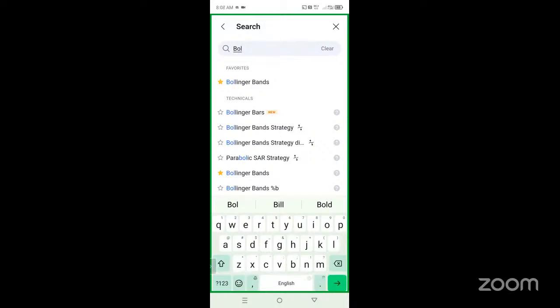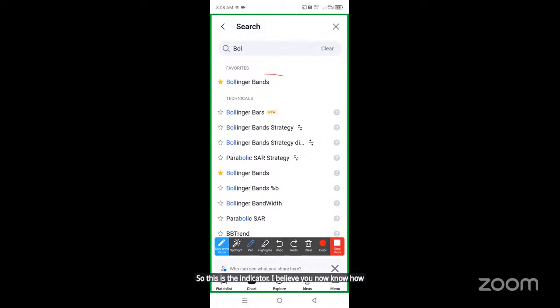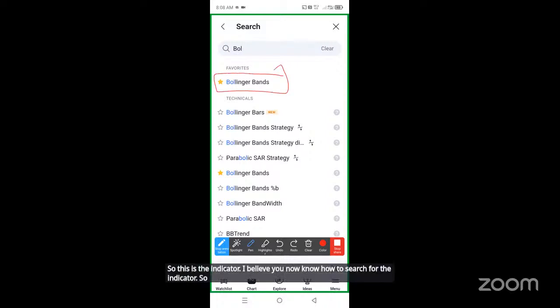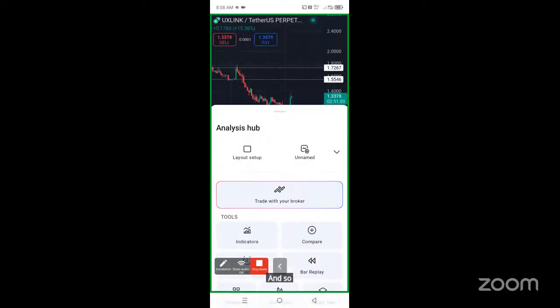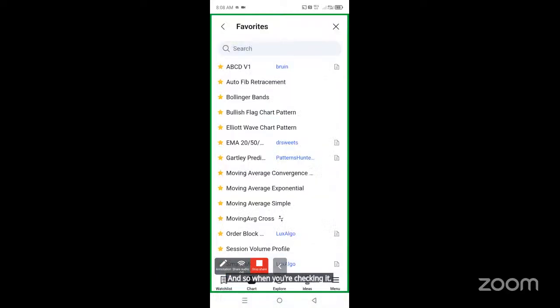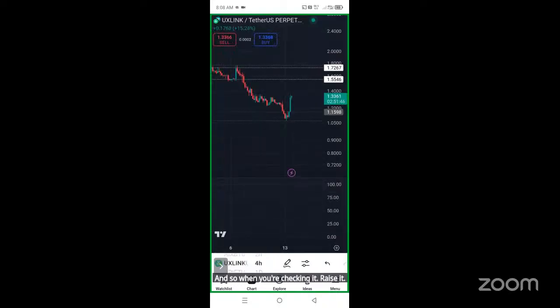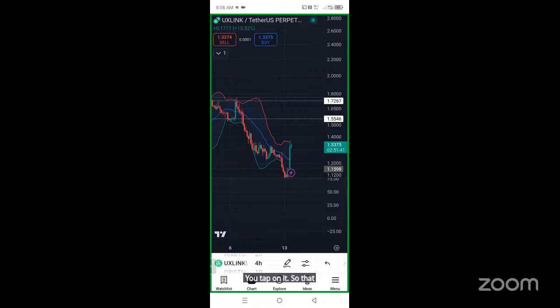So this is the indicator. I believe you now know how to search for the indicator. So when you tap on it, that's how it will appear on the chart.